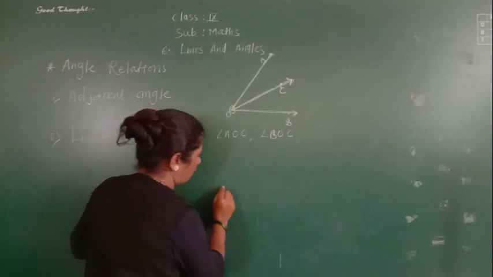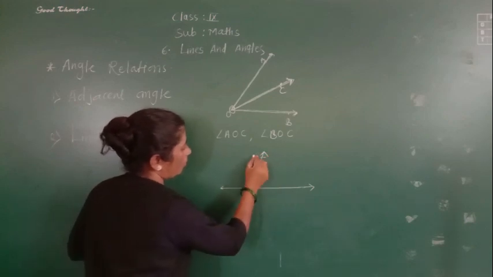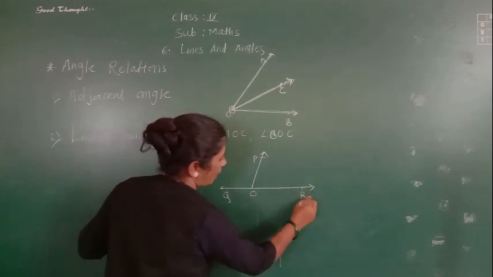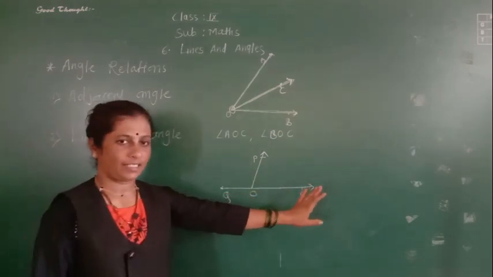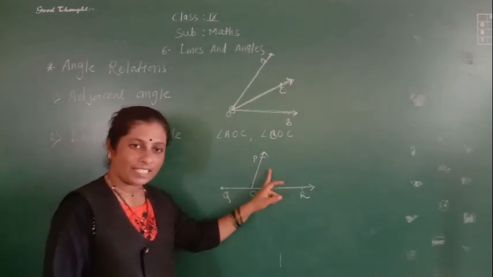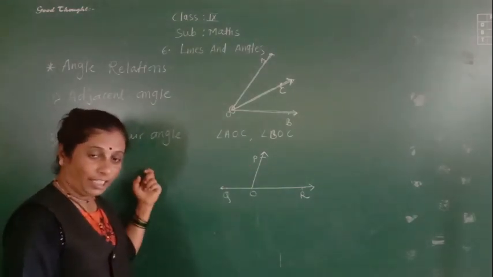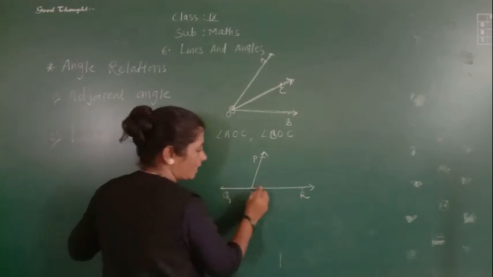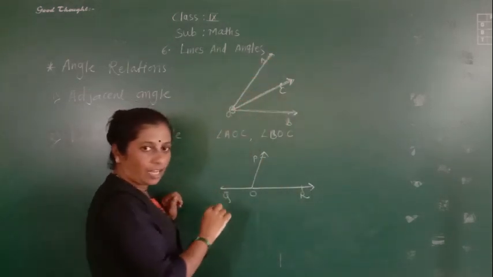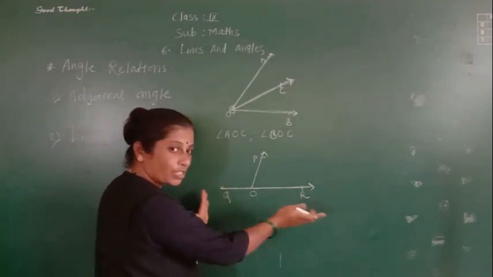So I will draw one figure here. Okay. See here, this P, O, Q and this R. So these two angles are adjacent angles. Now these two adjacent angles are a linear pair of angles if the two rays, meaning the two non-common arms, are opposite to each other.